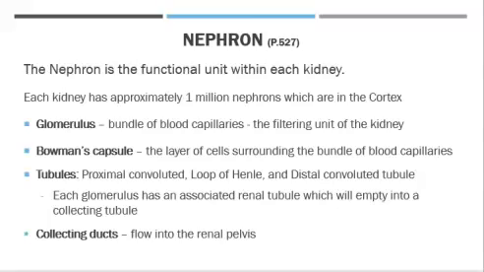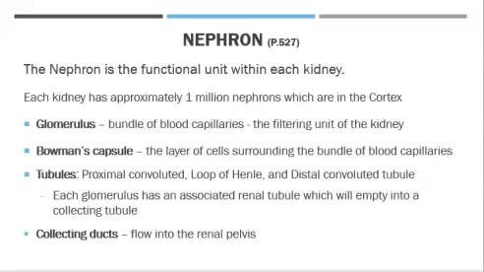Okay, within the nephron, we have a few different structures that we need to be aware of. The first one is the glomerulus. The glomerulus is a bundle of capillaries. It's the basic filtering unit of the kidney. Remember, I just said earlier that we have blood flow to and from our kidneys, and that the function of the kidneys was to filter our blood.